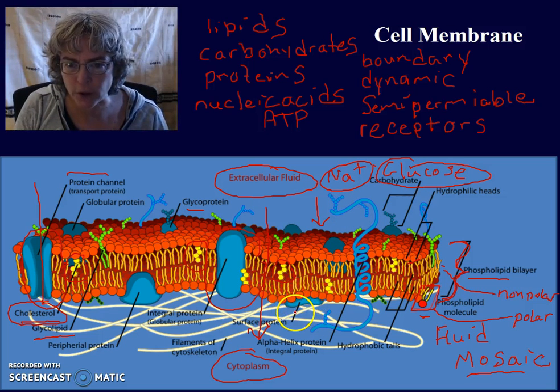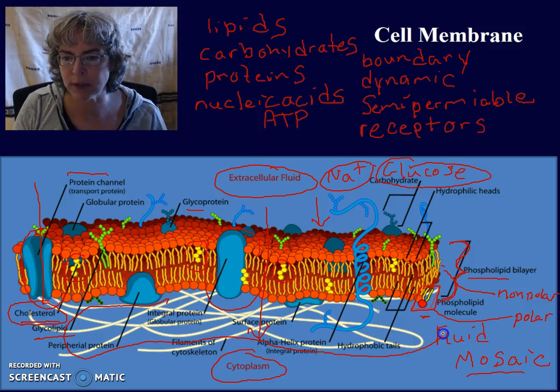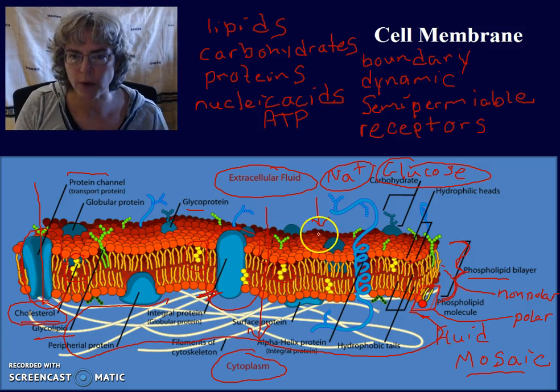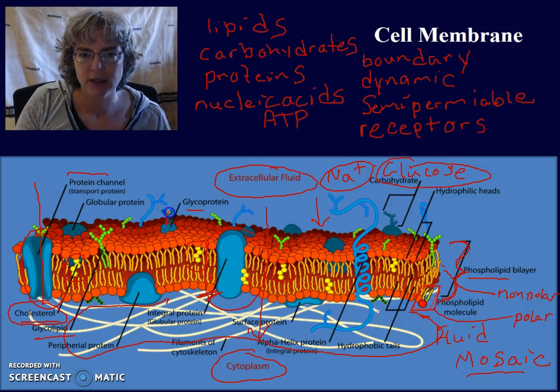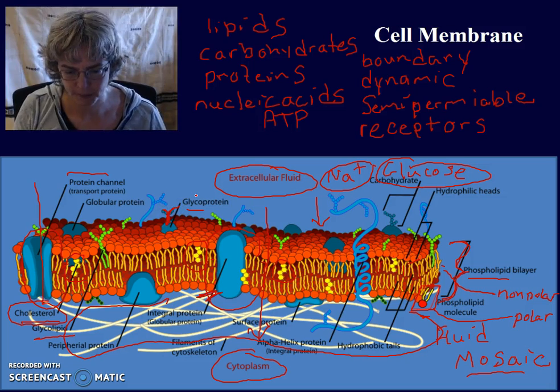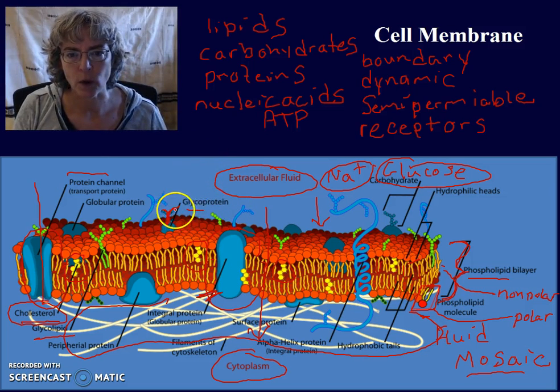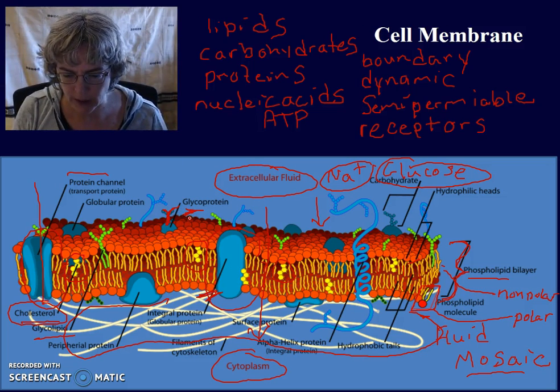So down here you can see that here's our cytoskeleton down here inside the cytoplasm, and the cytoskeleton is attached to some of these proteins. What else? Oh, so recognition sites. Yeah. So they can be recognition sites on the surface. Okay, what else do we have in here? Carbohydrates. So our glycoproteins sticking out of the membrane.